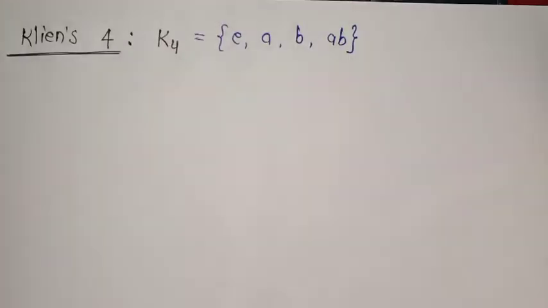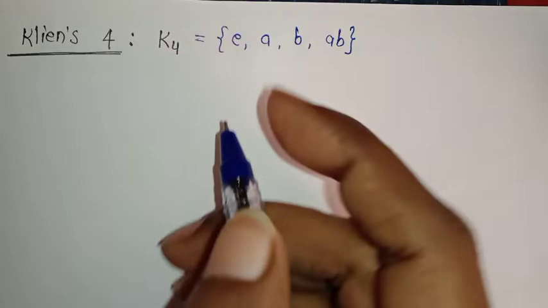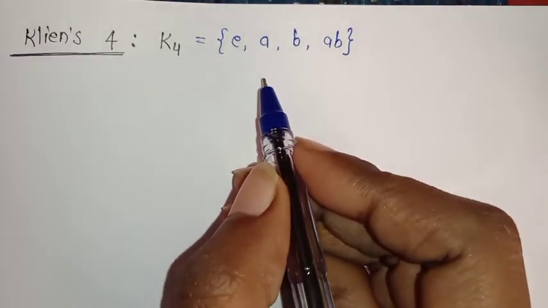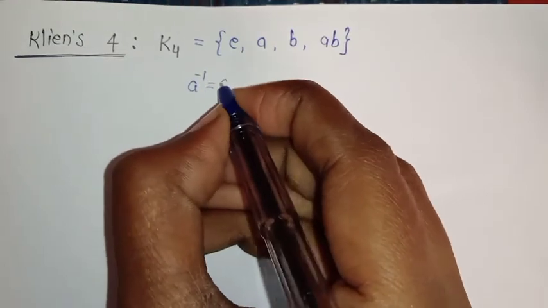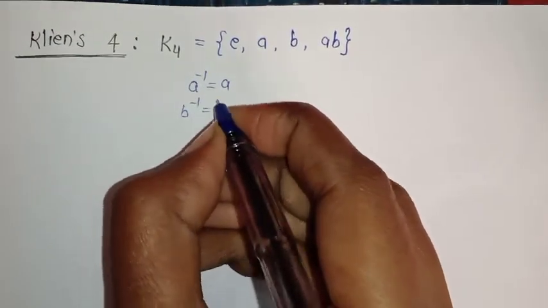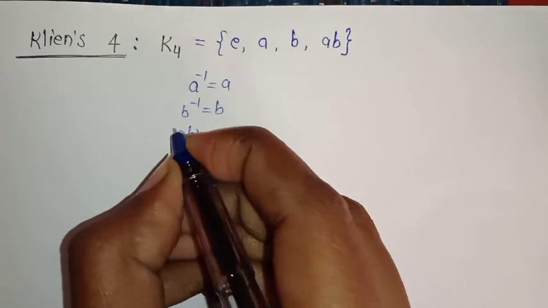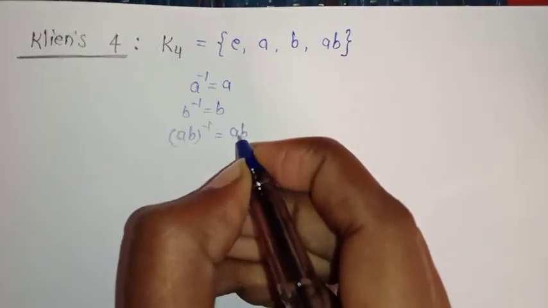Now the question arises how we can say that the group is abelian or not. So firstly we check the inverse of each element. If A inverse is equal to A, B inverse is equal to B and AB inverse is equal to AB, then we can say that the group is abelian.